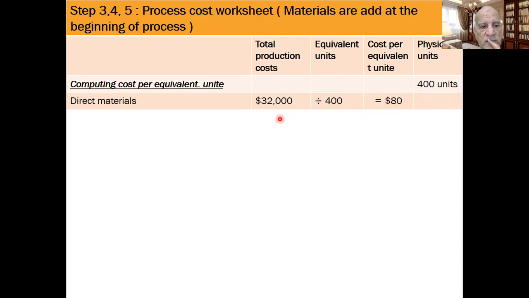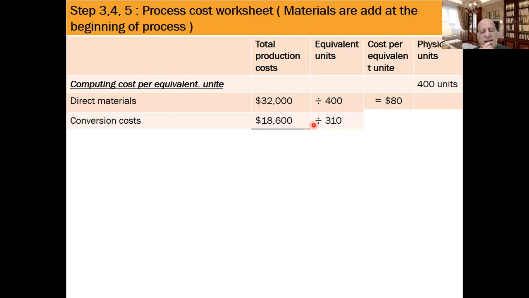As for the conversion costs, which includes both direct labor and manufacturing overhead, we assumed this to be $80,600. These costs will be divided by the equivalent units from the point of view of conversion costs, which was calculated in step number 2.